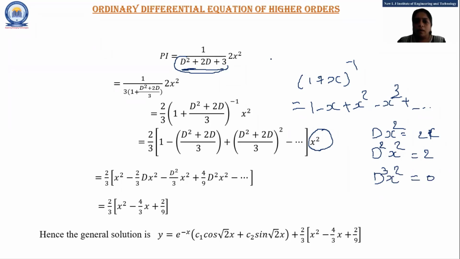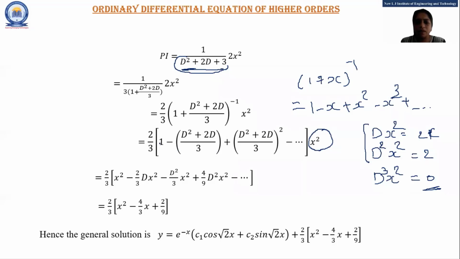So any power of D higher than 2 will give the answer 0. D raised to 4 of x square is 0, D raised to 5 of x square is 0, all will give 0, right? We have only two terms, D of x square and D square of x square. That's why we need only the maximum power of D square in this bracket.